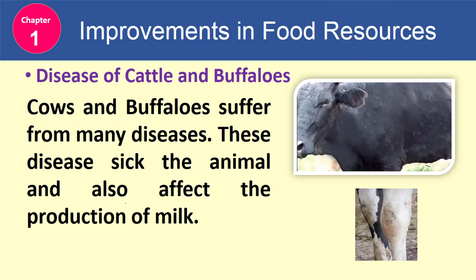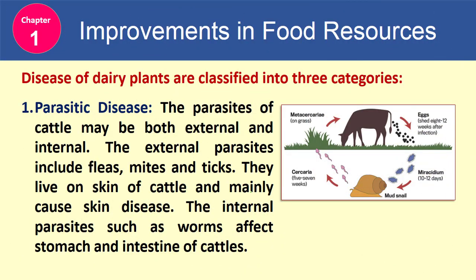Now we will read about the diseases of cattle and buffaloes. They also suffer from disease. Cows and buffaloes suffer from many diseases. These diseases make the animal sick and also affect the production of milk. Diseases of dairy animals are classified into three categories.